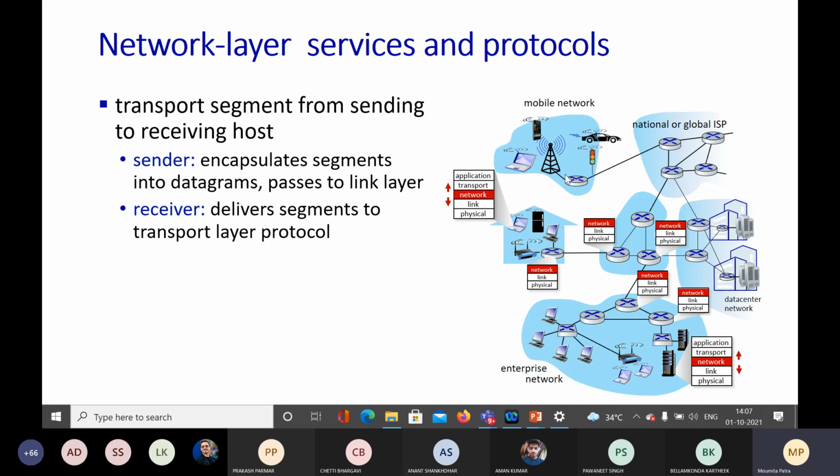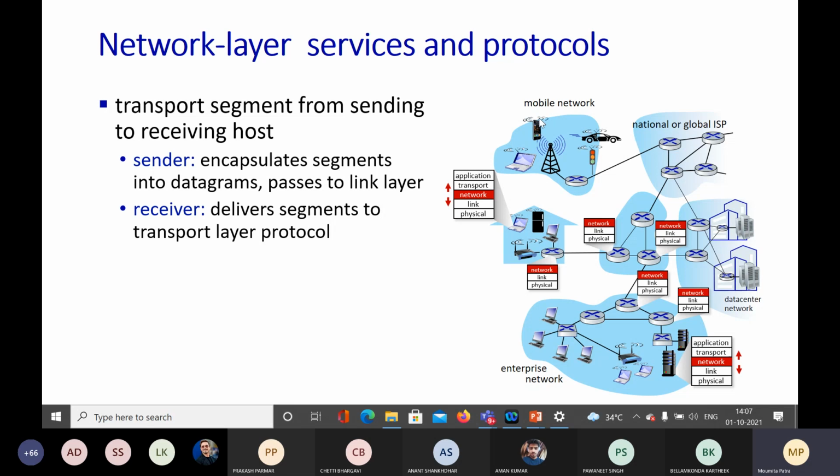Because they are also involved in these network layer functionalities. That means these are routers, right? So they also have network layer functionality. When we are talking about network layer services and protocols, we are looking at what protocols and services will be provided at each of the nodes present in this diagram.